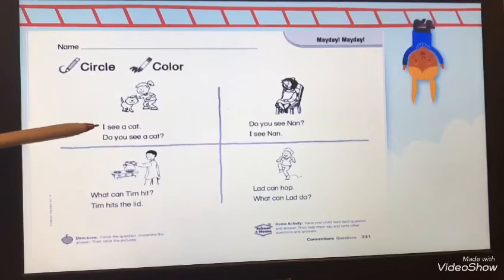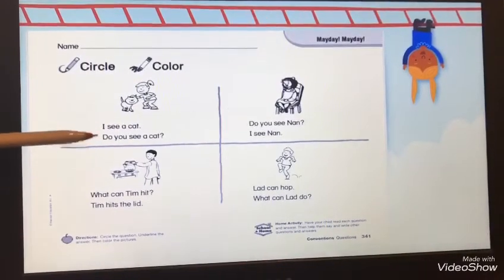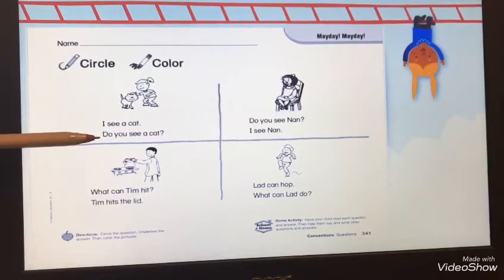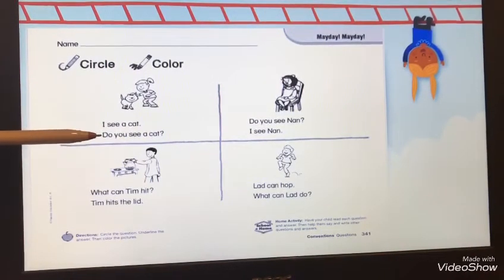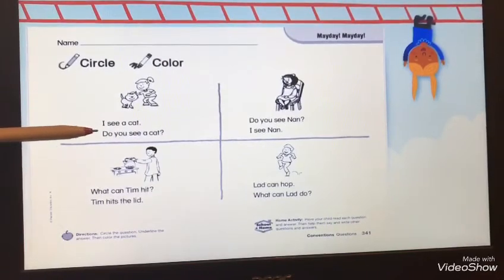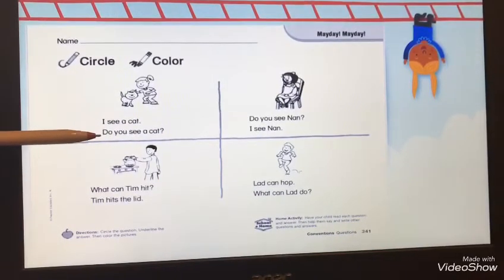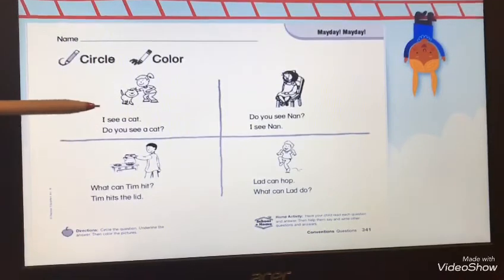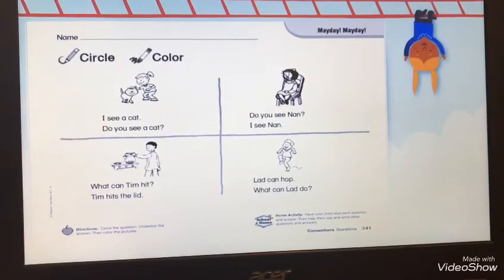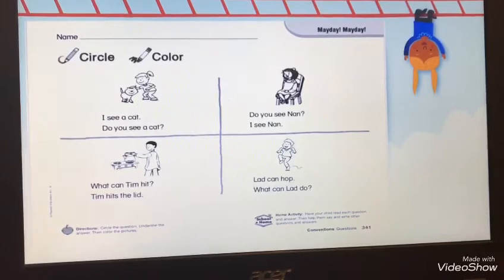We have 2 sentences. We have to see which sentence is the question and which sentence is the answer. We have to circle the question sentence, then underline the answer sentence. Okay? Let's start together.